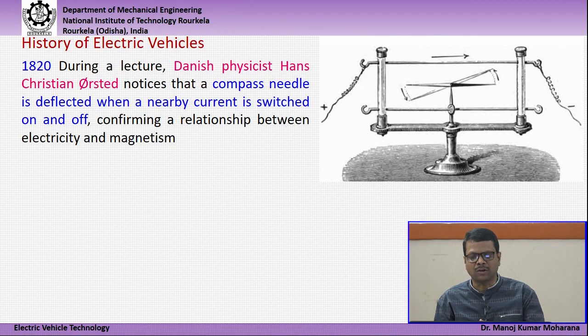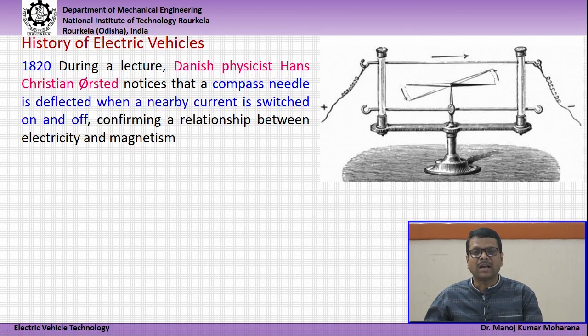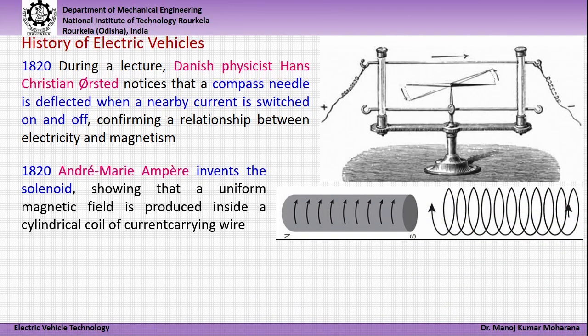During the lecture, he observed the deflection of a compass needle when current flown through the electric circuit nearby. This helped him to conclude or confirm a relationship between electricity and magnetism, which paved the way for a lot of developments in the field of electricity and magnetism.